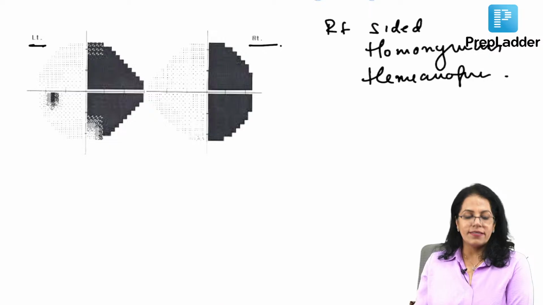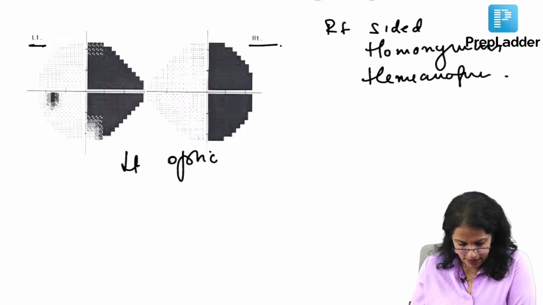Is there any doubt here? It is right-sided homonymous hemianopia, and most probably if it is an optic tract lesion, which side tract lesion will it be? Answer me this. Very good, already answered by Sri Ram. It is a left optic tract lesion. Very good, Raghav. Left optic tract lesion.